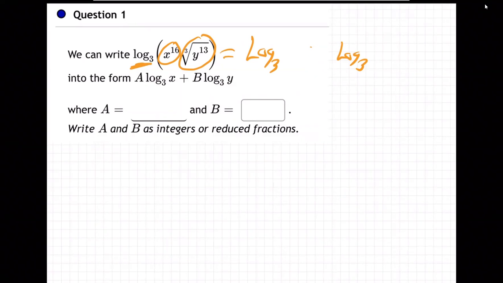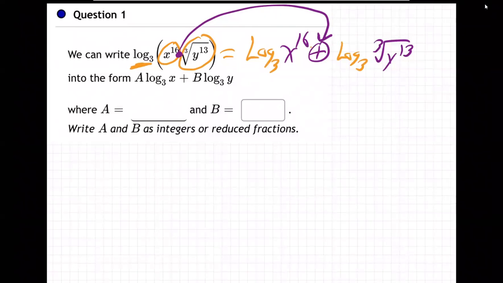It's the other stuff. So then this will become log base 3 of x to the 16th plus log base 3 of the cube root of y to the 13th. Does that make sense first off? So the invisible understood times became adding. That's using property number 1: when you have one log with multiplication, it becomes easier for two logs.